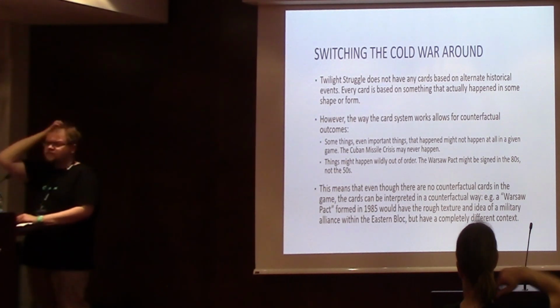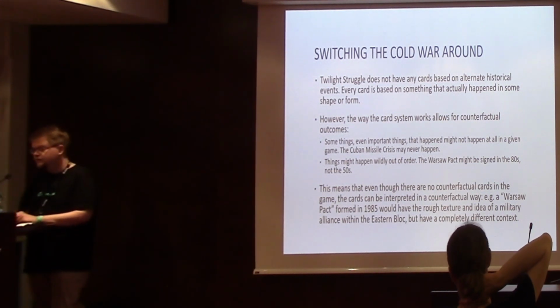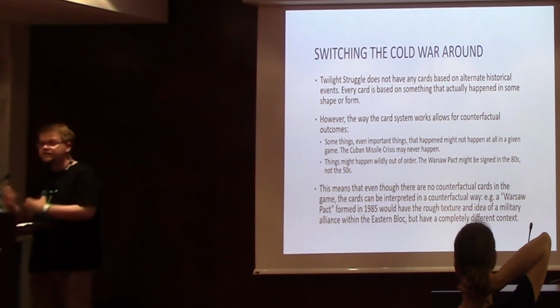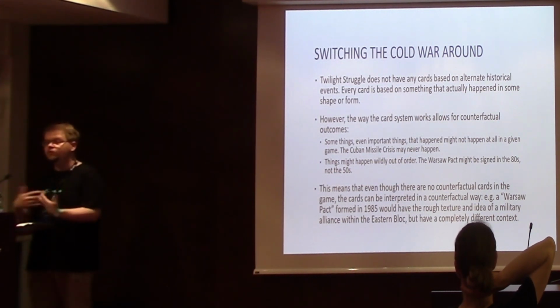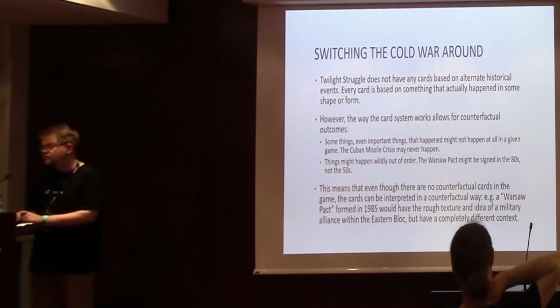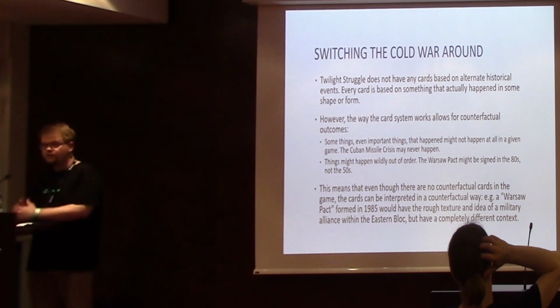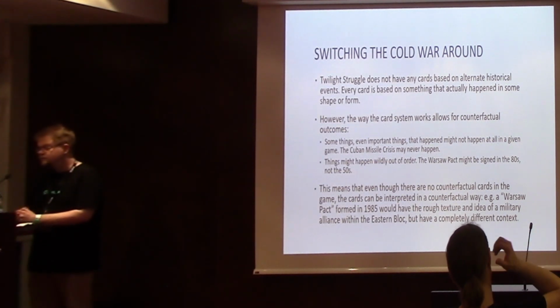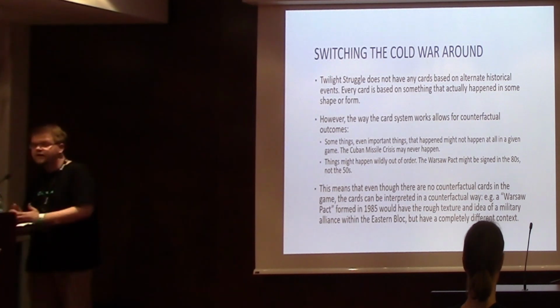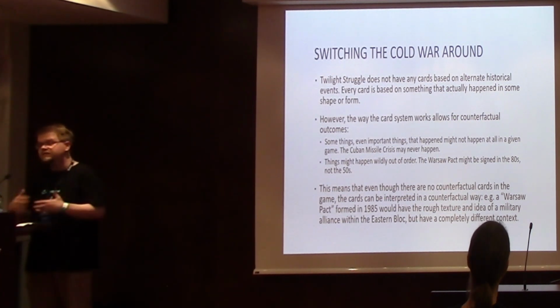The game doesn't have cards based on alternate history, but the fact that the cards can happen, or might not happen, or might happen out of order is a way for alternate history to be created in a game of Twilight Struggle. So even though there aren't any strictly counterfactual cards in the game, when you play a card like the Warsaw Pact in 1985 and you trigger the event, it's going to have a different context.